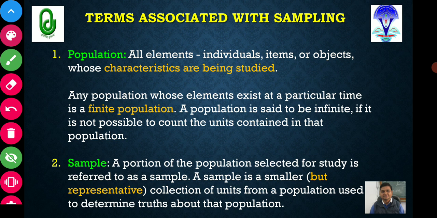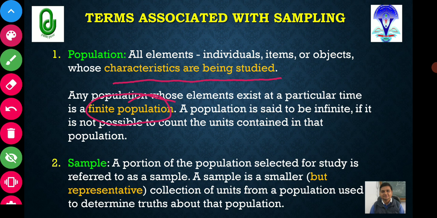Now there are a few terms associated with sampling. First of all is population. What is population? All the elements, that is individual items or objects, whose characteristics we are going to study is called the population. Any population whose elements exist at a particular time is called a finite population.